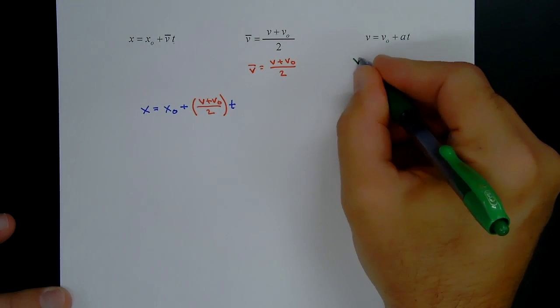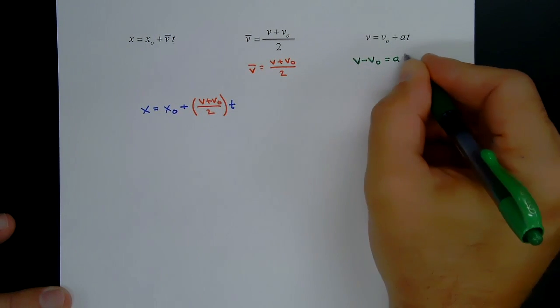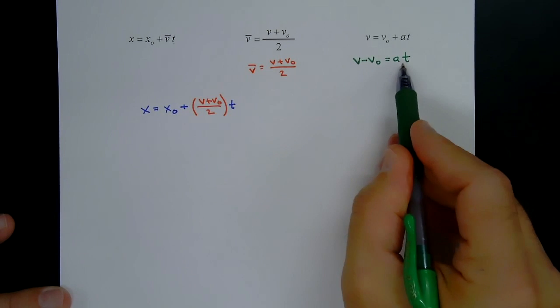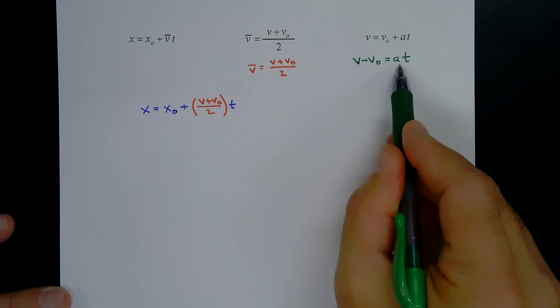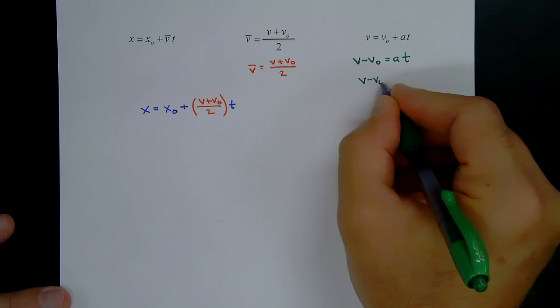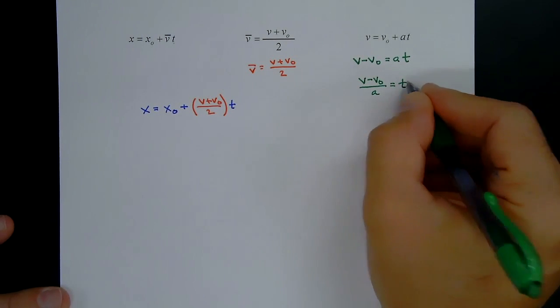So that would result in v minus v sub o is equal to the acceleration times time. Because I'm multiplying by acceleration to get the t by itself, I could divide both sides of this equation by the acceleration, and I would have v minus v sub o divided by a is equal to my time.